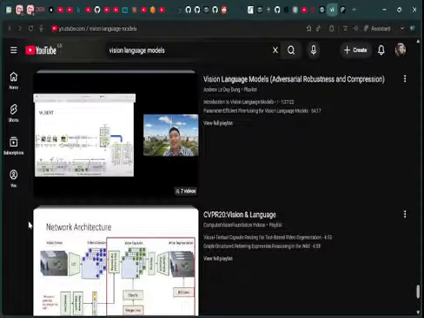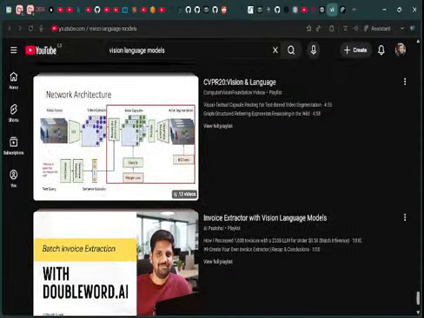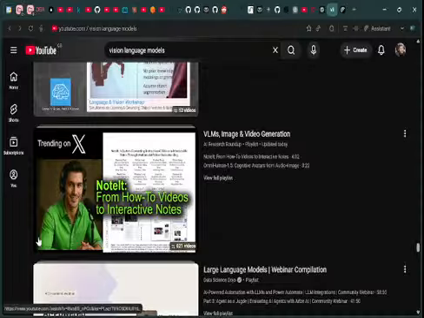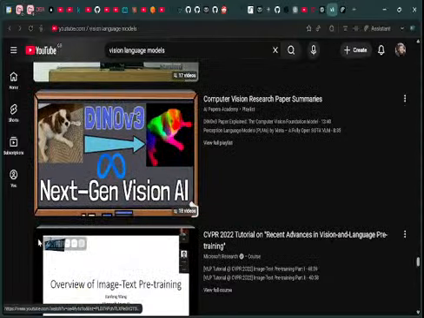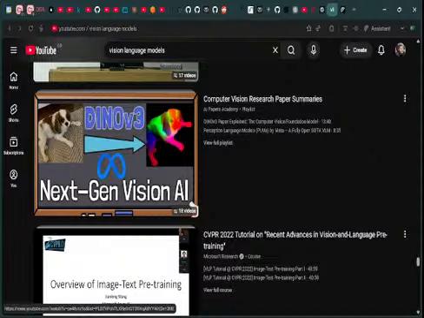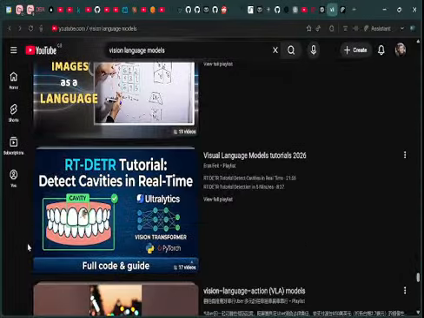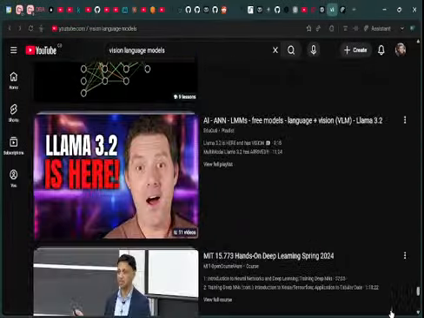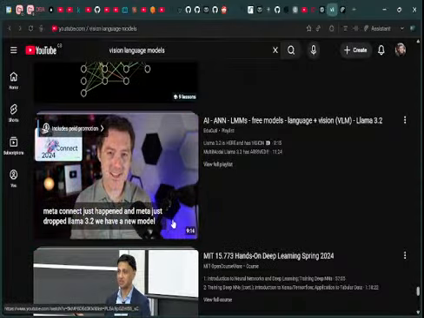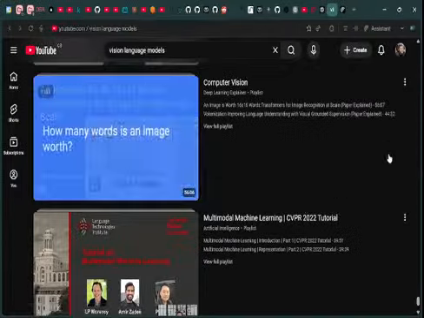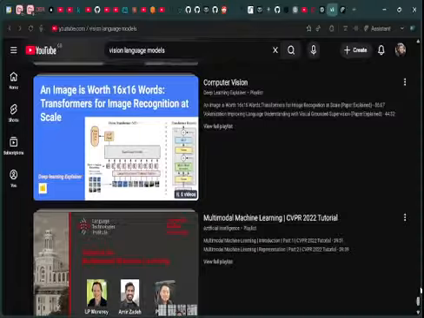Adversarial robustness and compression. What is this? Yeah, what even is this?